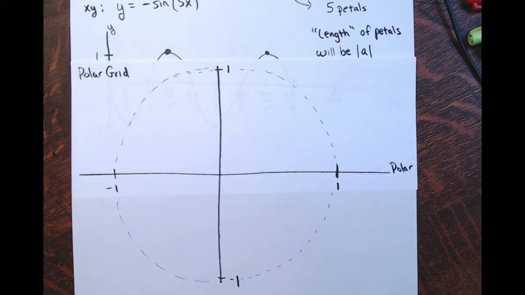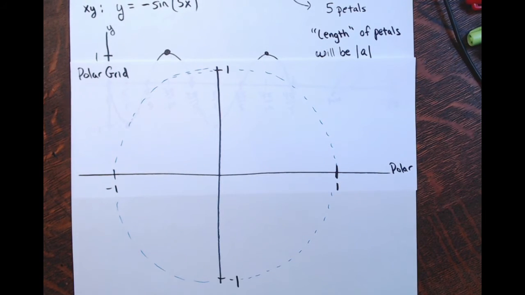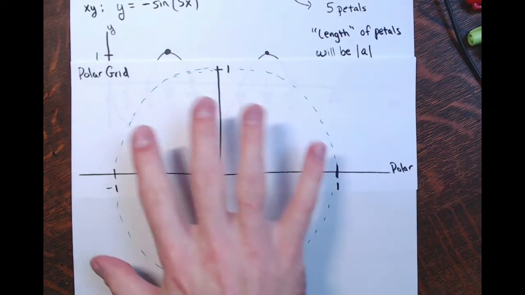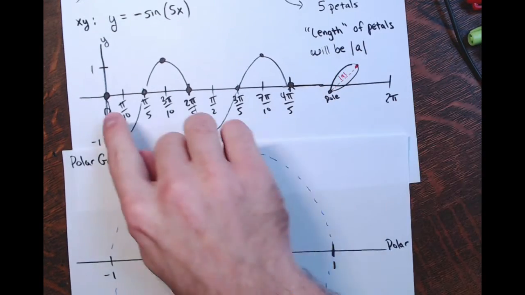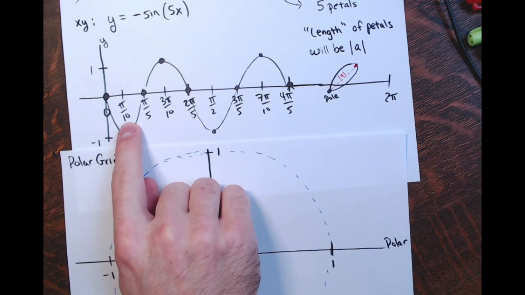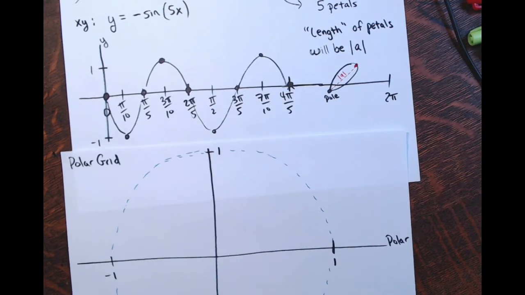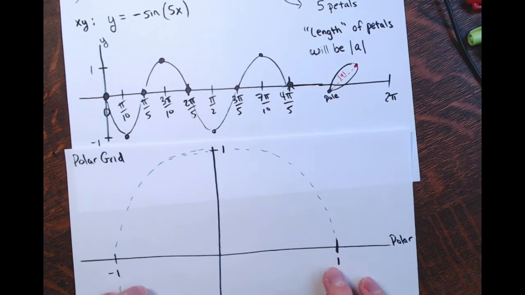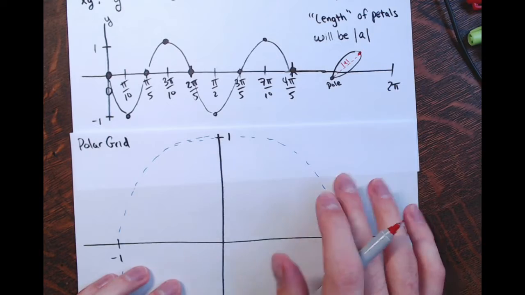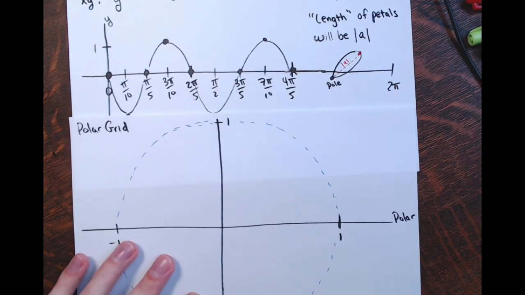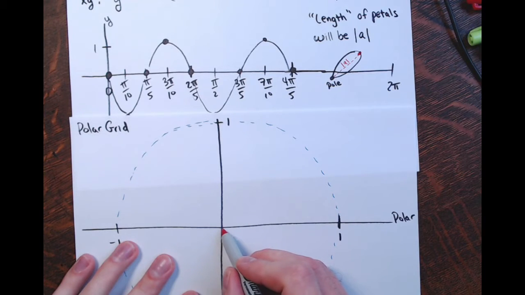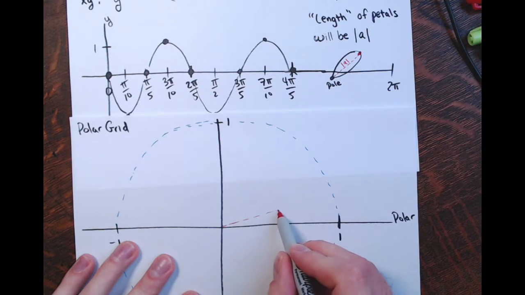Okay. And then what I'm going to do is divide my quadrants up based on these special numbers that showed up here, these key values. Now pi over 10, that's 18 degrees, right? So I'm going to go every 18 degrees. And there should be 5 of these in the first quadrant. So I'm basically breaking up every quadrant into 5 pieces. So 18 degrees, let's say that's there.